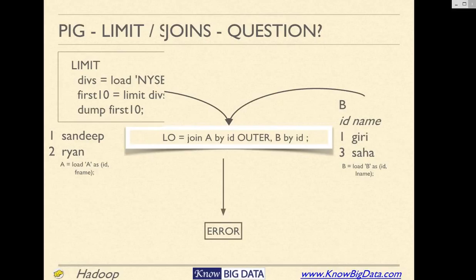Why? Because there is no join called outer join. We saw full join, left join, right join. We saw left is also called left outer, right is also called right outer, and then there is a full join. There is no join called just outer join, right? So this query is going to error out too.